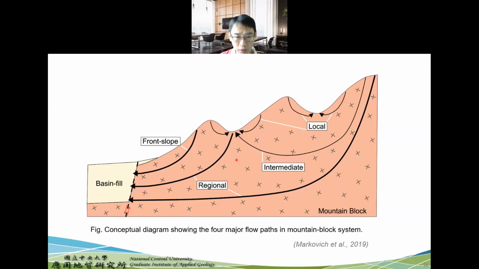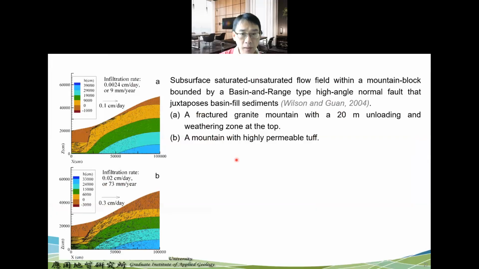But in the following, I will show different patterns after using numerical simulations. The result is different from our expectations. This is from other researchers who used a subsurface saturated-unsaturated flow field with the mountain block bounded by a basin-and-range type, high-angle normal fault with basin-fill sediments.